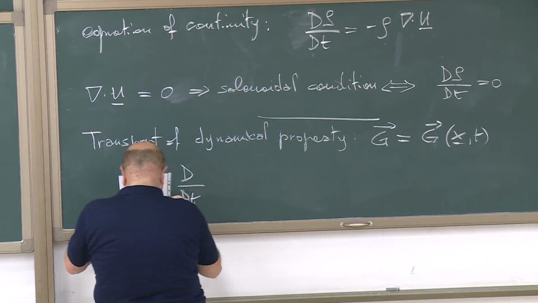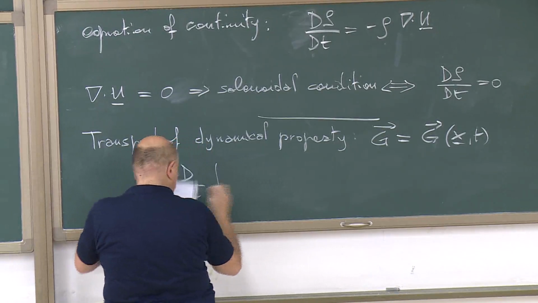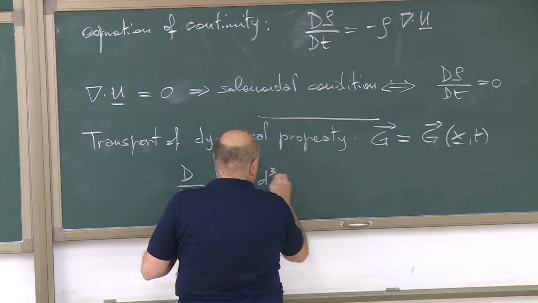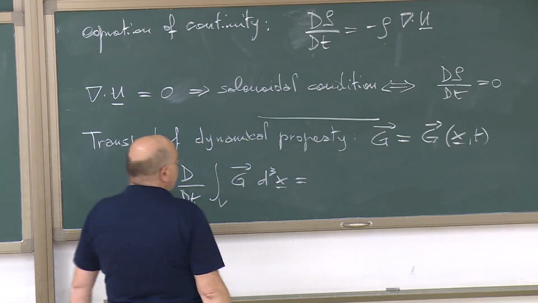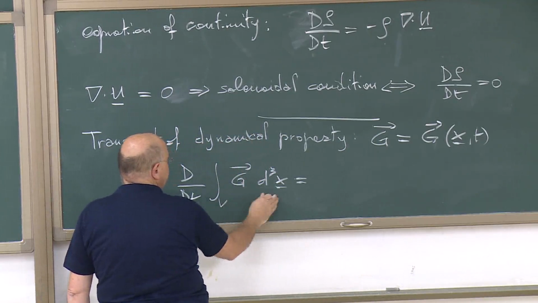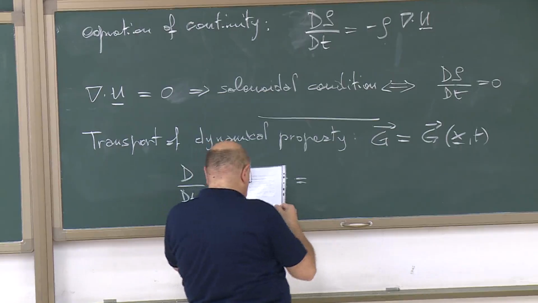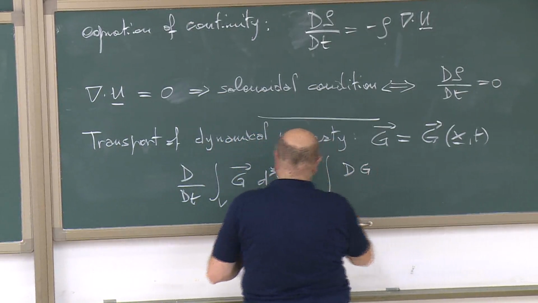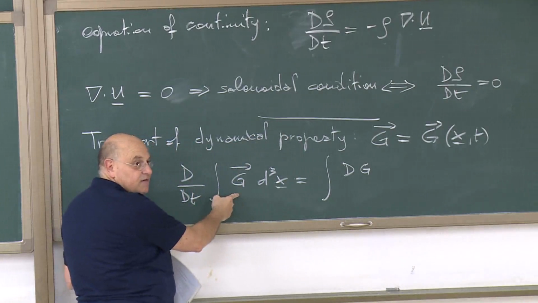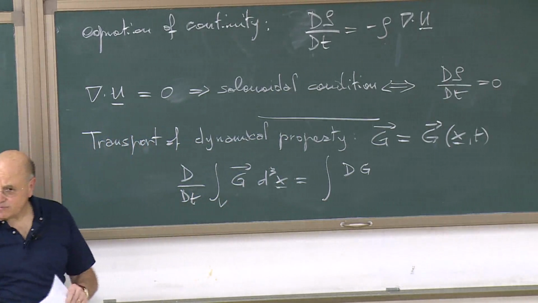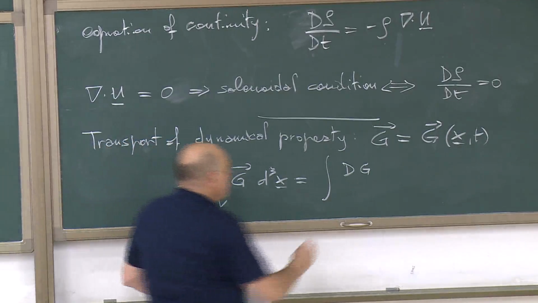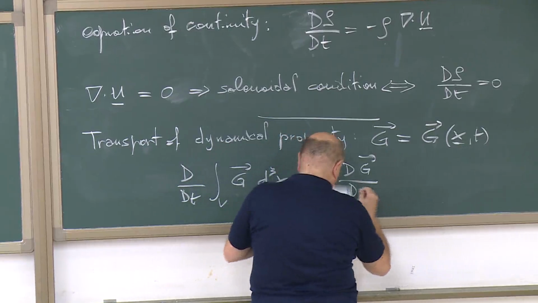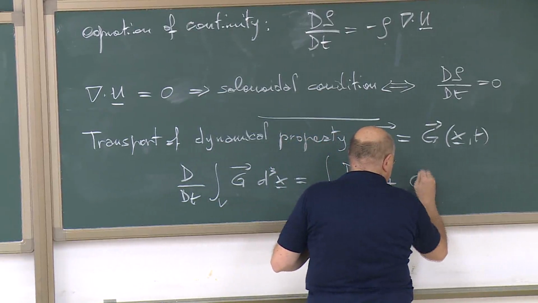d dt of the integral over the volume V of this vector G in d3x. I use here an arrow instead of underlining, just for fun. You go inside with the derivative, because there is some algebra to do. You go inside with the total derivative, and then you get this equation.